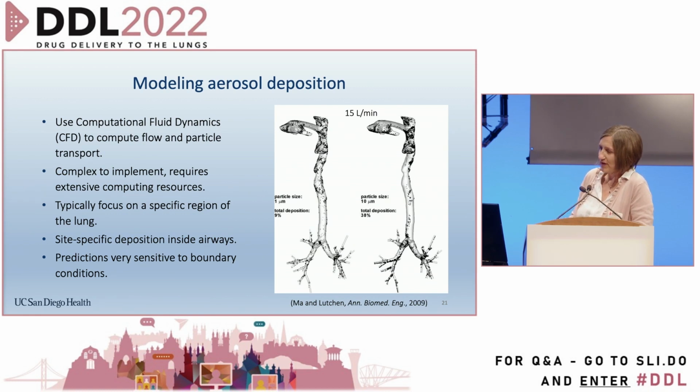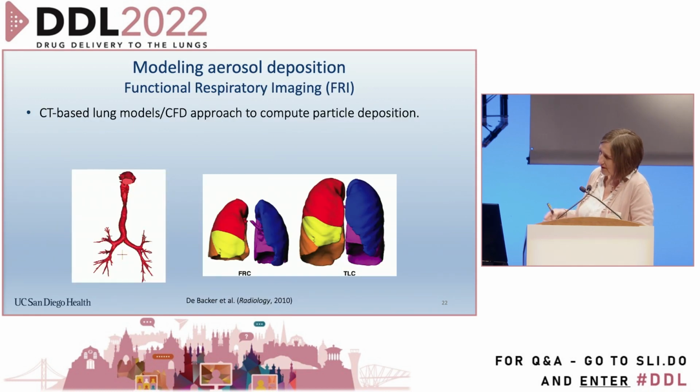So one approach to get around this problem has been the functional respiratory imaging technique developed by Jan de Backer and commercialized with Fluidda, where they use CT-based lung models of the airways that are actually visible on CT scans.